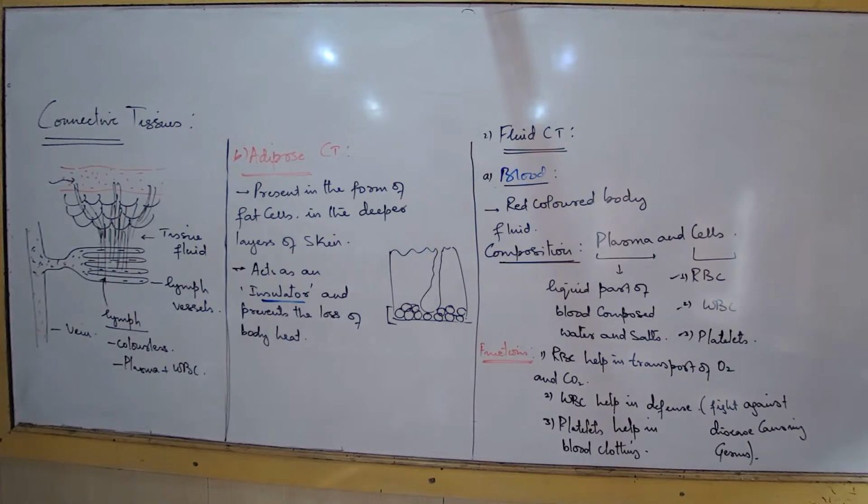Number 2. Under blood: consists of plasma and 3 types of cells, that is RBCs, WBCs and platelets.